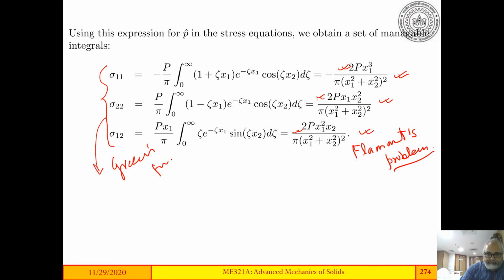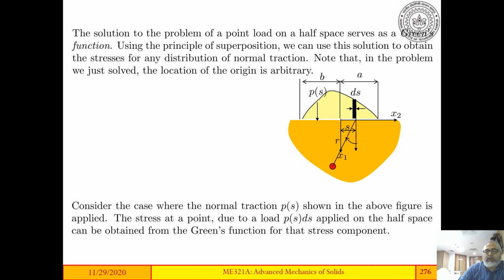For example, if I now have a distributed load problem, so I have a half space on which I have an arbitrarily distributed pressure applied, I can use the principle of superposition to find the stresses at this point. What is the stress at this point? It is, for example, the stress due to a point load applied here.